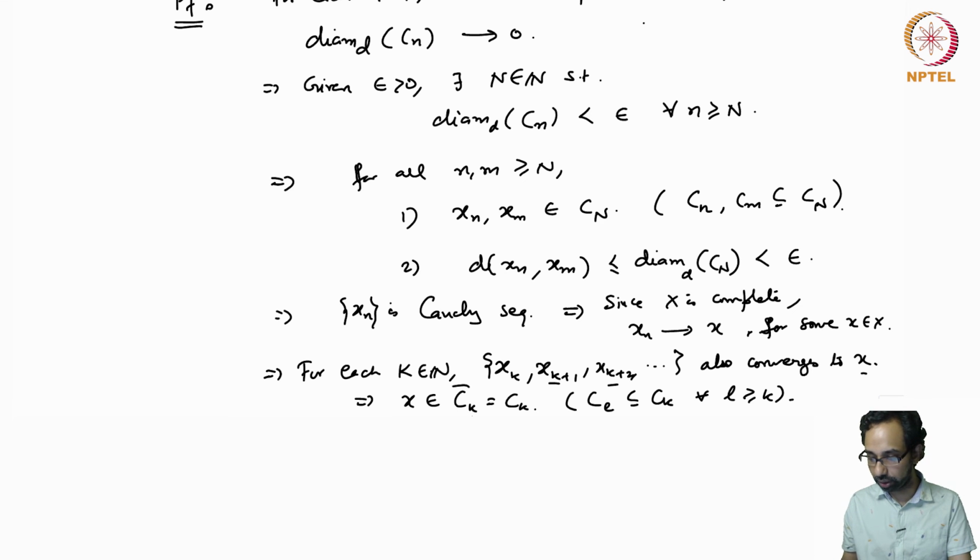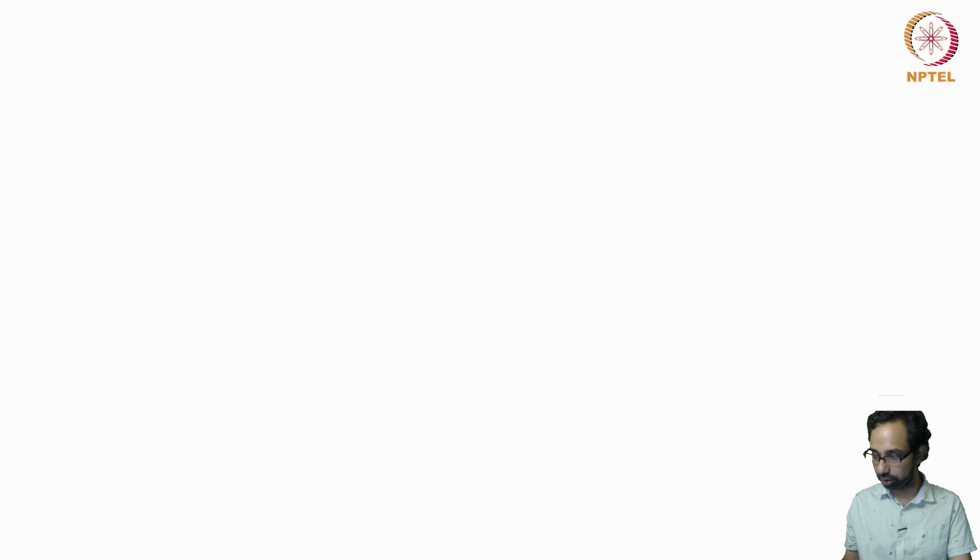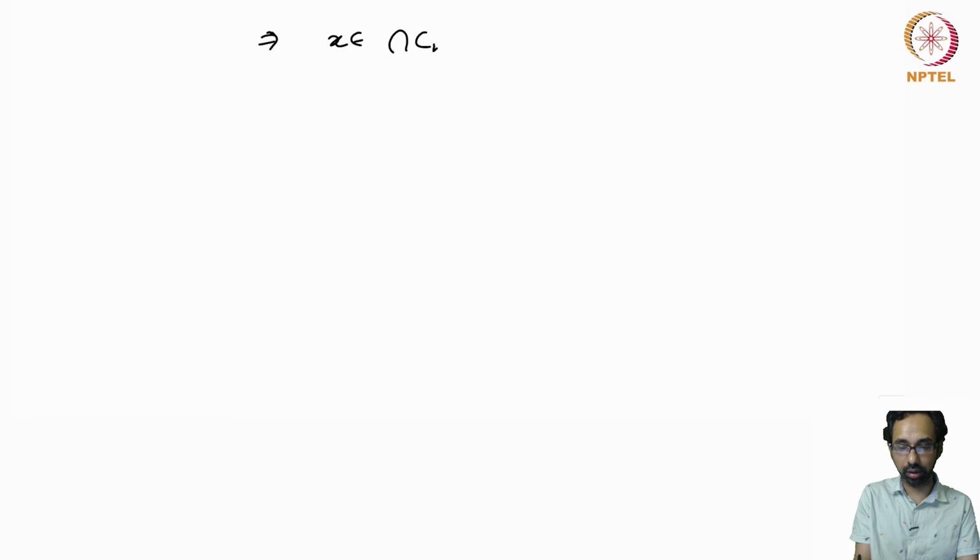And because the sequence converges to x, x belongs to the closure, because we are in a metric space, so it belongs to the closure of Ck. And Ck is closed, so the closure is just Ck. So this means that x belongs to each Ck, which just means that x belongs to the intersection of all these Ck's. So this means that this intersection is non-empty. And this completes the proof.